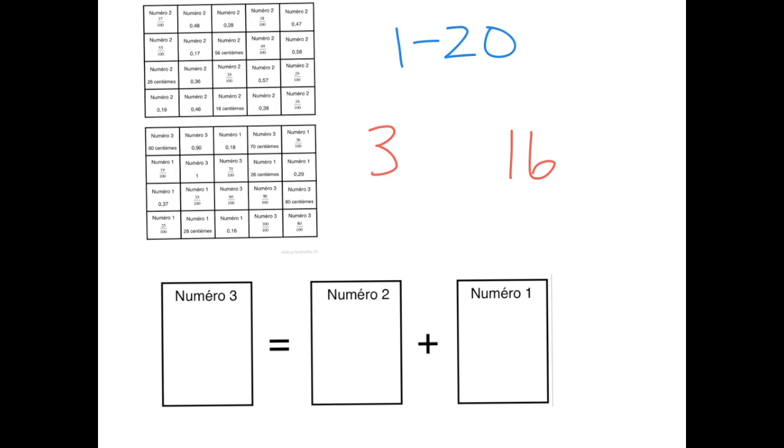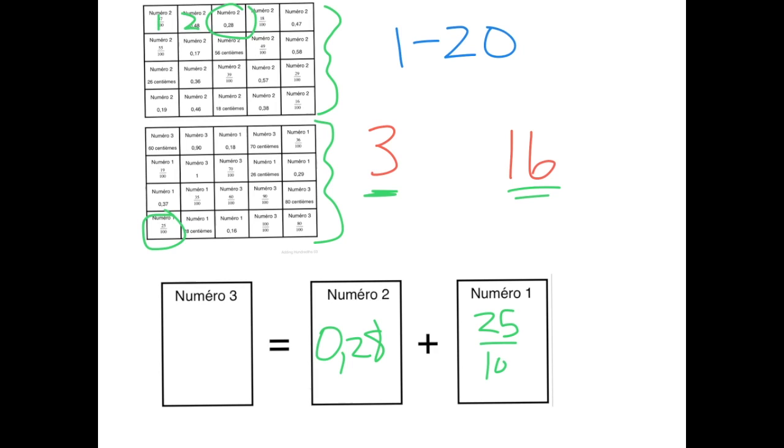So the first number that we select will tell us which of the boxes to use in the first rectangle. So number 3 would be 1, 2, 3. So in number 2, I'll write 28 hundredths. The second number that was selected will tell us which box to use in the second rectangle. So 5, 10, 15, this will be 16 here. So in box number 1, I'm going to write 25 hundredths.